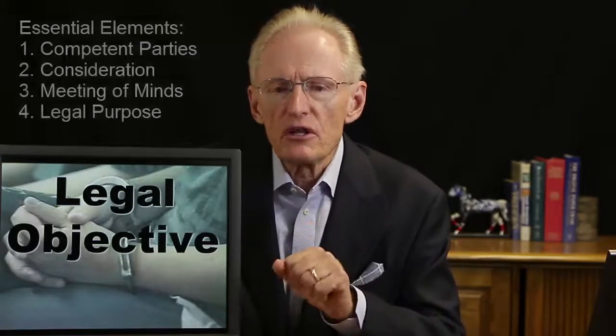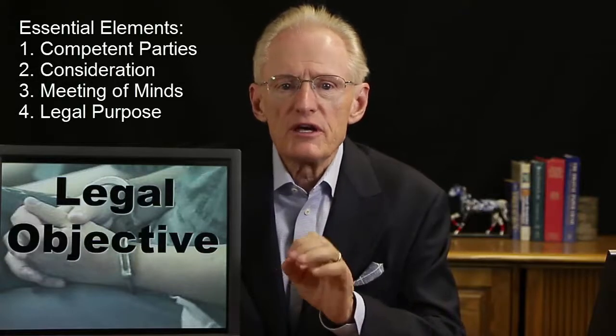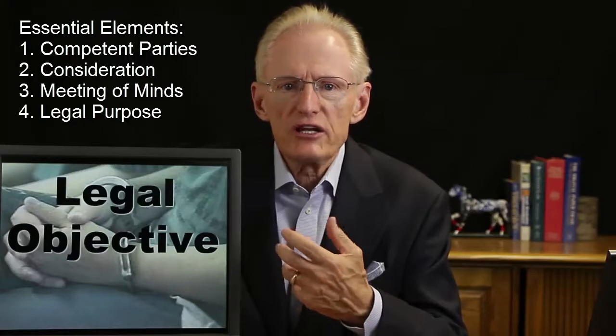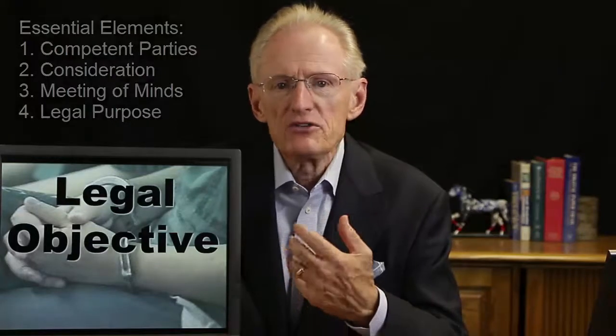So the fourth essential element is that there must be a legal purpose or a legal objective. And certainly the objective of a purchase contract is to buy and sell a property. So that contract, of course, has a legal objective, a legal purpose.